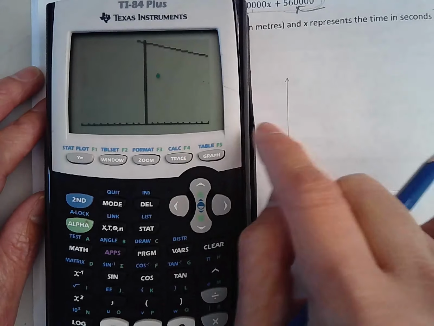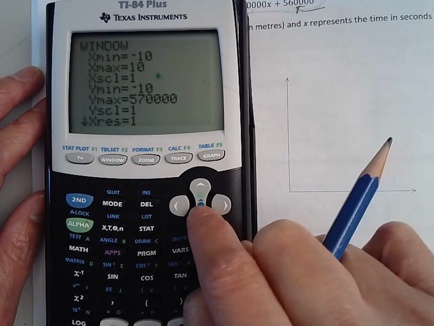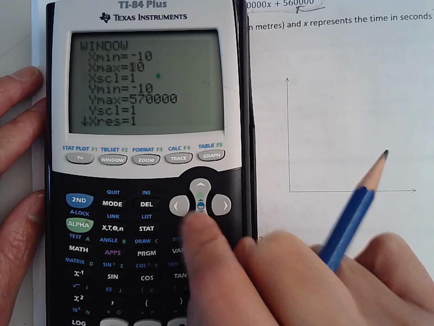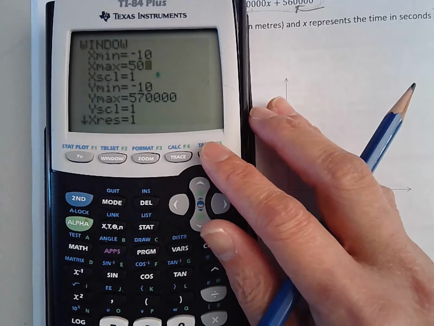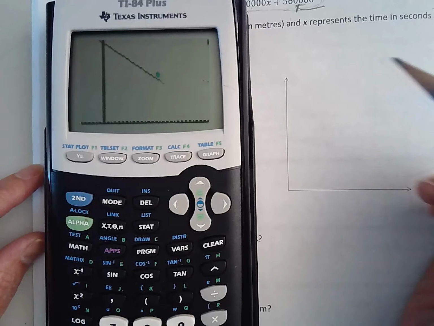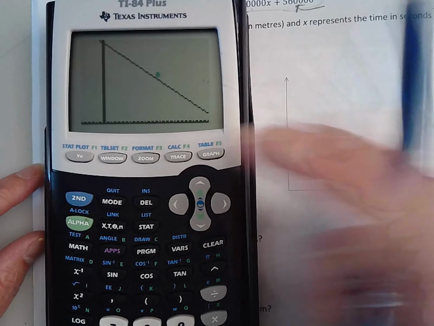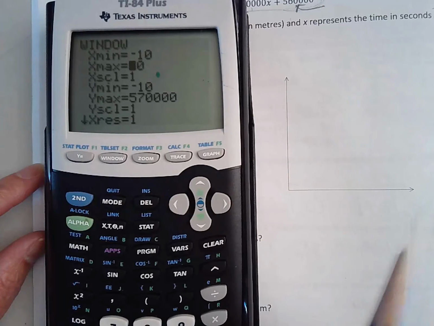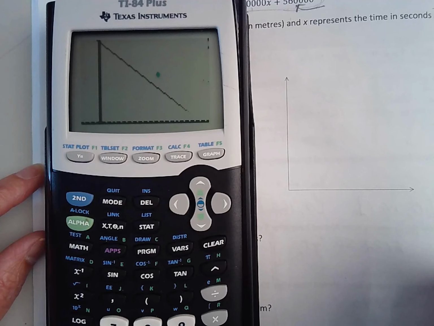Interesting. Try 50. Make it 60, because 50 doesn't really work, right? There you go.